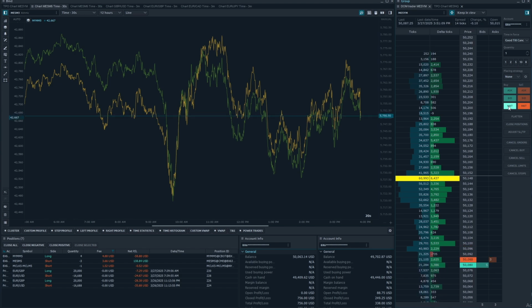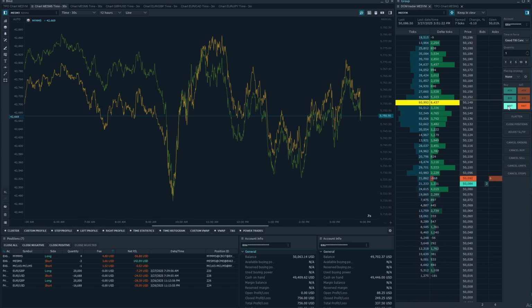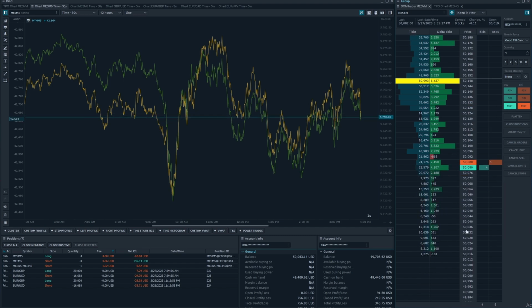351. Look, that's not the lows because I cleared out the ticks and delta ticks. 95, 91.